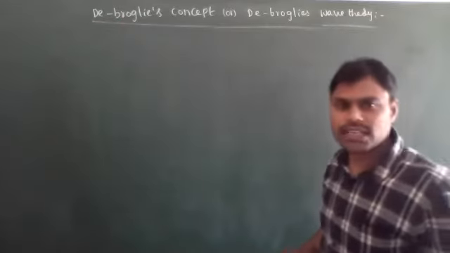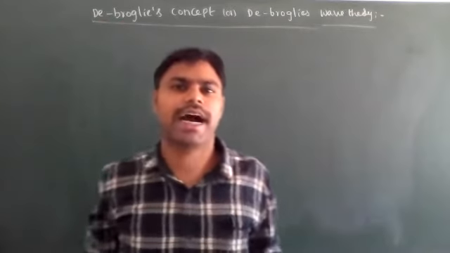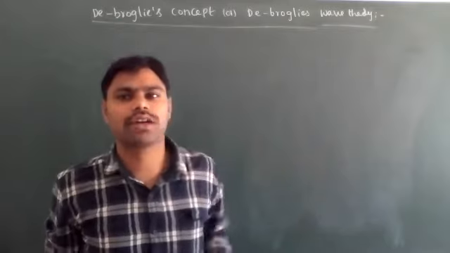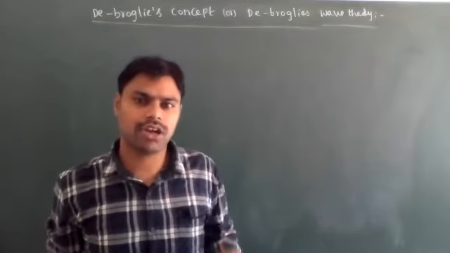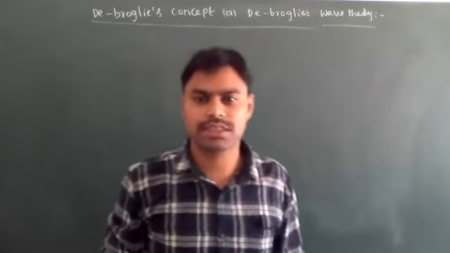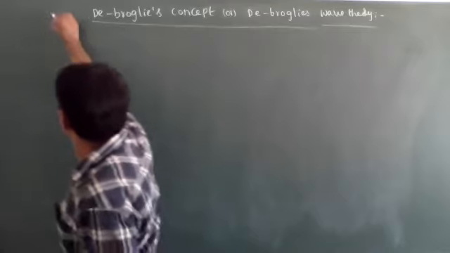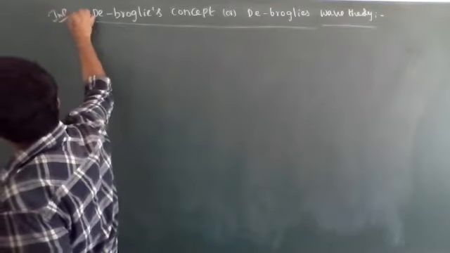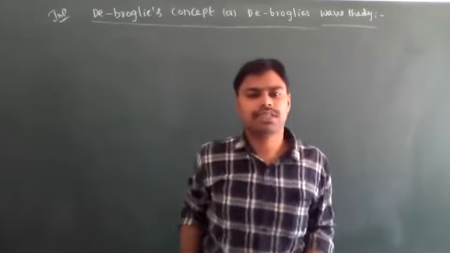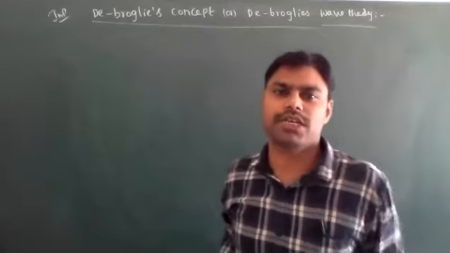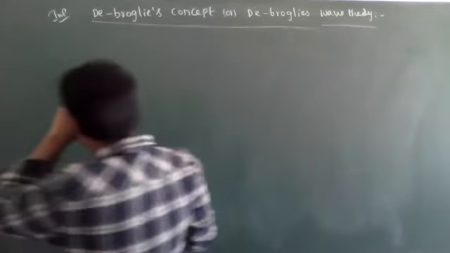See here, what is de Broglie's concept? According to that, what is the formula of de Broglie's wave theory? That equation we need to discuss. It is very, very important. This formula is important for objective and this concept is also important for subjective examination.